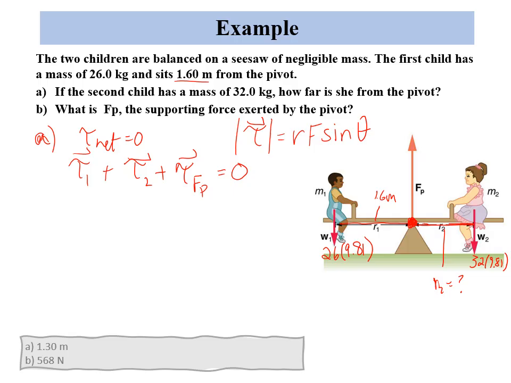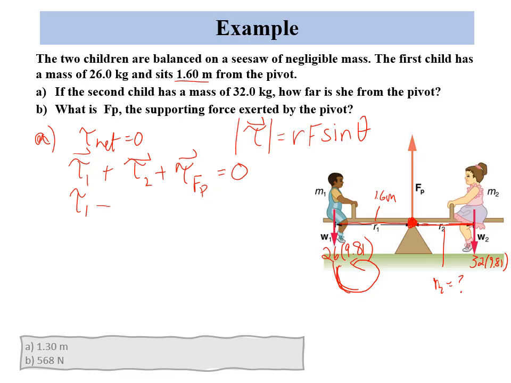To find the direction of torque 1, which is due to weight 1, I can imagine the other two forces are not there. If that is the force acting on this seesaw, then the seesaw is going to rotate in this direction. It doesn't rotate completely because the ground stops it, but the rotation is in the counterclockwise direction, so torque due to object 1 is positive.